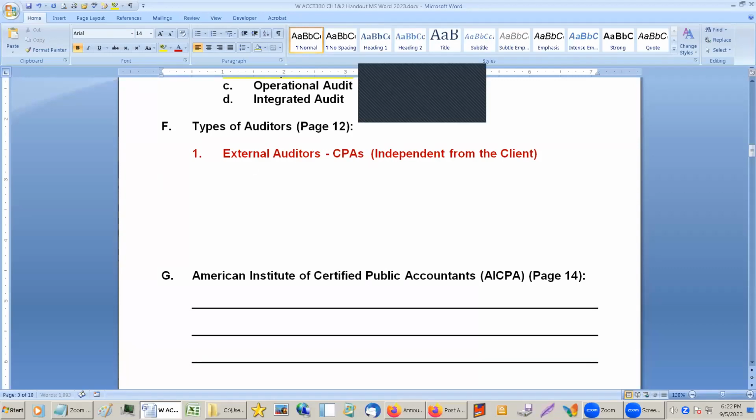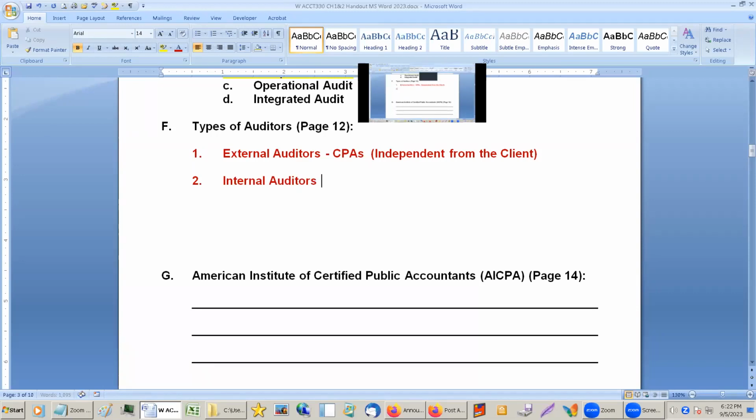Okay, second one, internal auditors. And these will work exclusively for the company or the client.